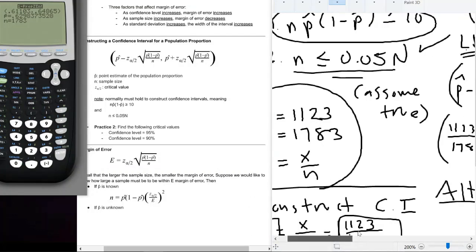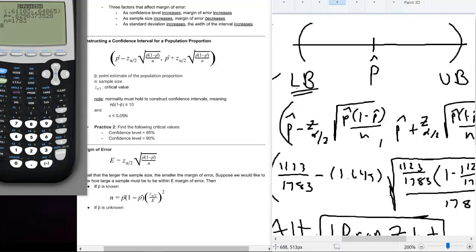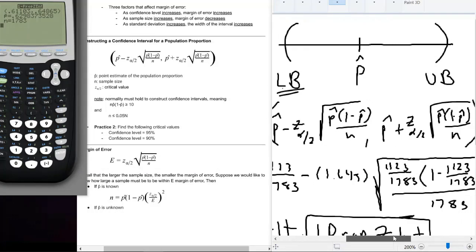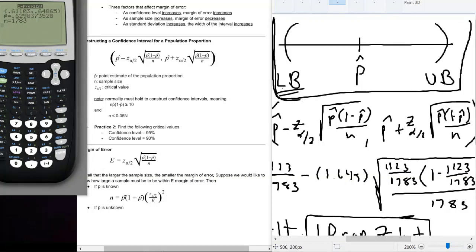What does that mean? Remember that in our number line, this piece right here, we're trying to calculate the lower bound and upper bound that creates an acceptable region, right? So it's centered at p hat, where p hat is 1123 divided by 1783, right?